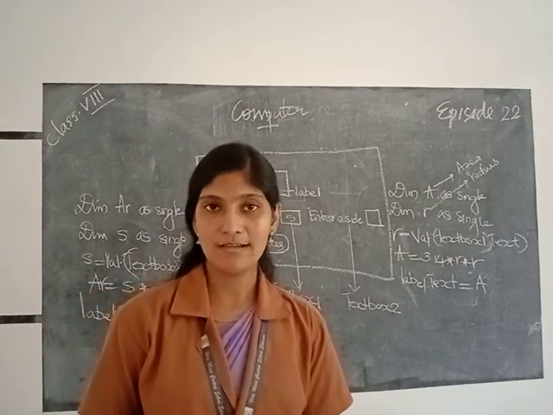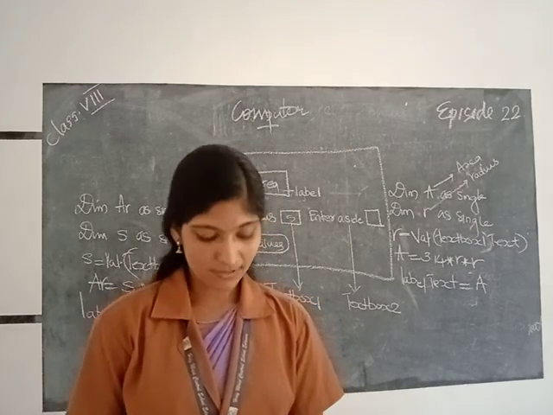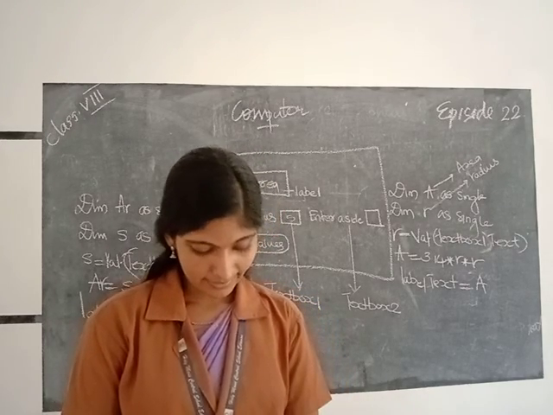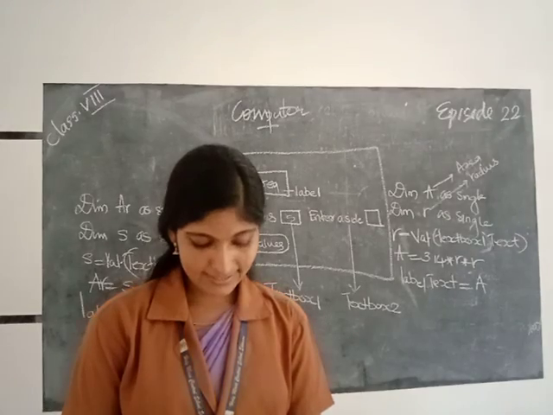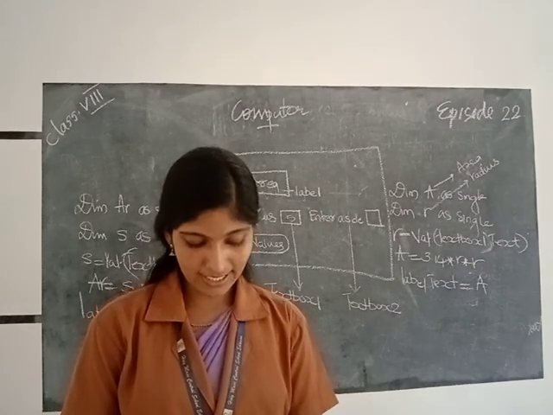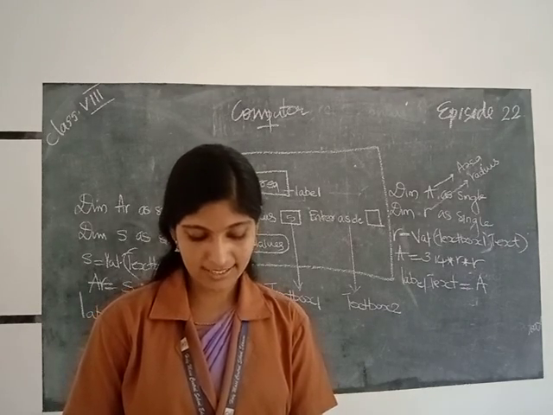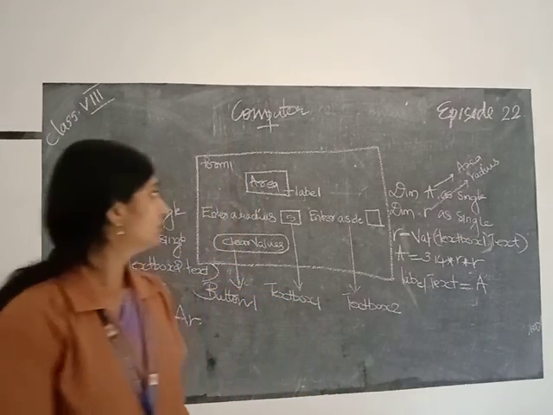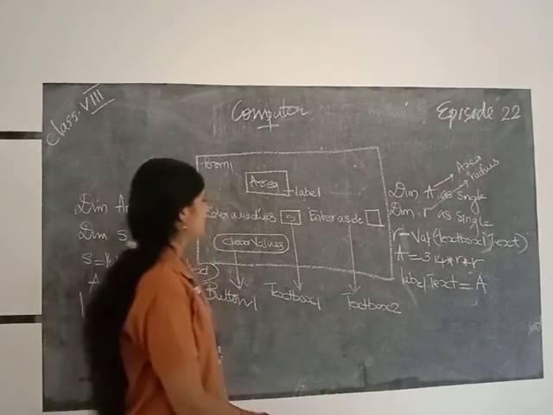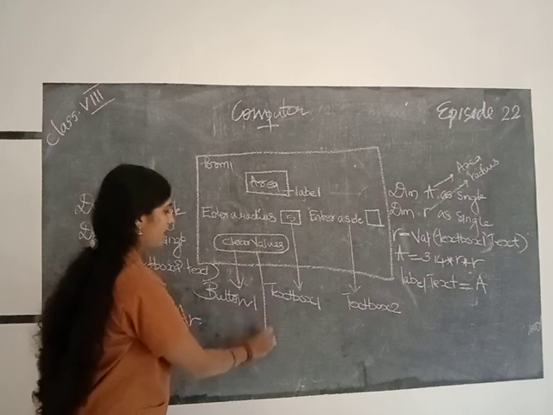Empty means just enter the double quotes, and then next also add double quotes. Then the area label text equal to area. That means we have to clear values.